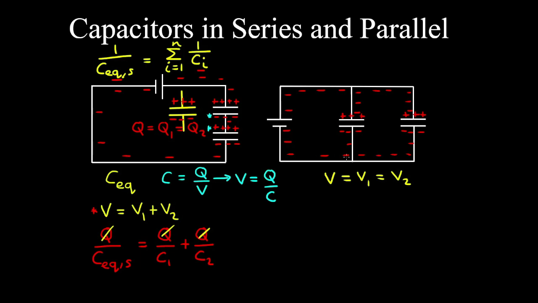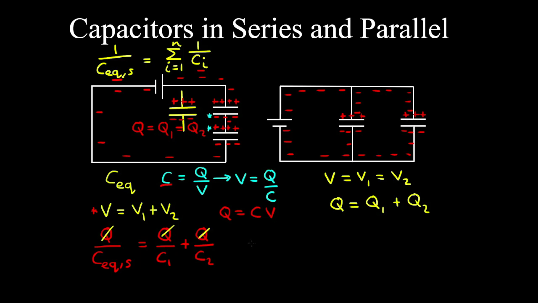And by the conservation of charge, you have the charge flowing from the battery onto those plates is the sum of the charge stored on the plates of capacitor 1 plus the charge stored on the plates of capacitor 2. And now using the formula for capacitance, we can write the charge as the capacitance times the voltage.